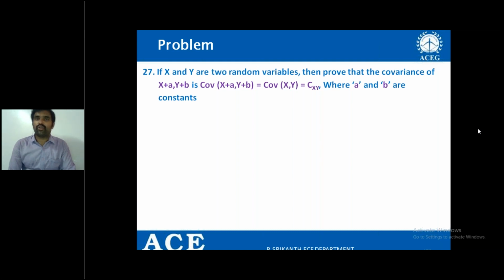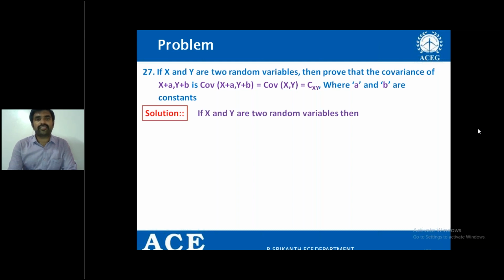We know the formula for covariance. What is the formula? The covariance of x, y is nothing but the expectation of x minus x bar into y minus y bar, right? The same formula I am taking here.